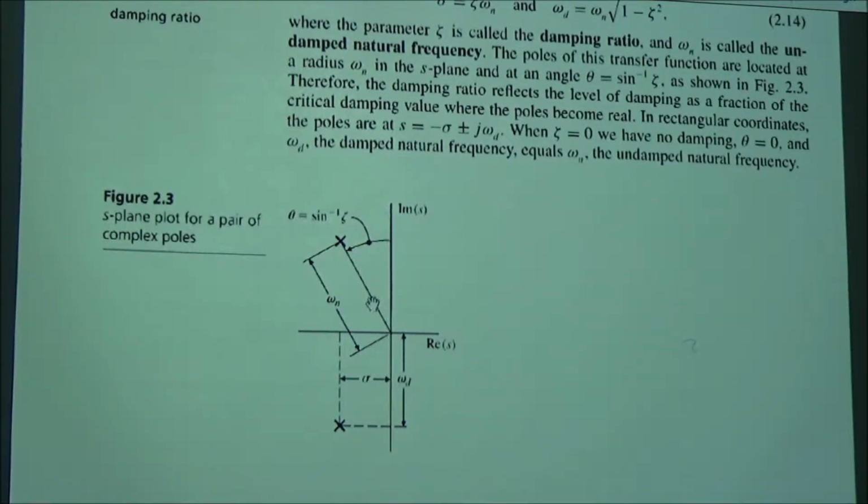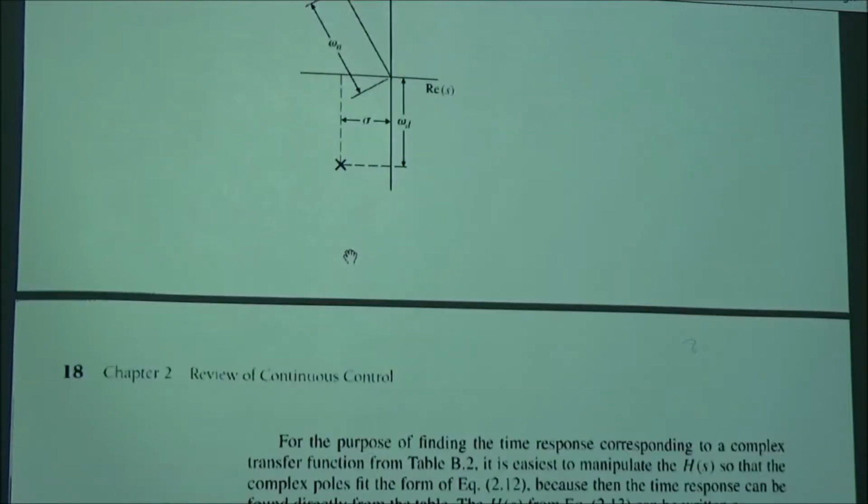This angle right here, depending on how you measure it, the cosine or sine of this angle is equal to zeta. So if you draw a ray or a line here, you measure this angle, take the cosine of that, that gives you the value of zeta.